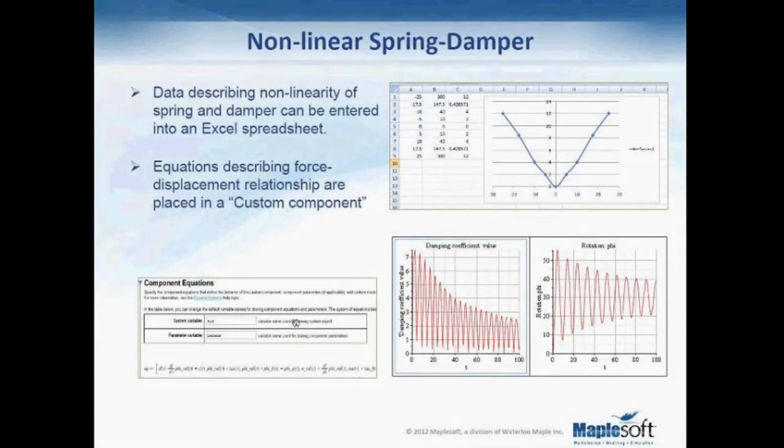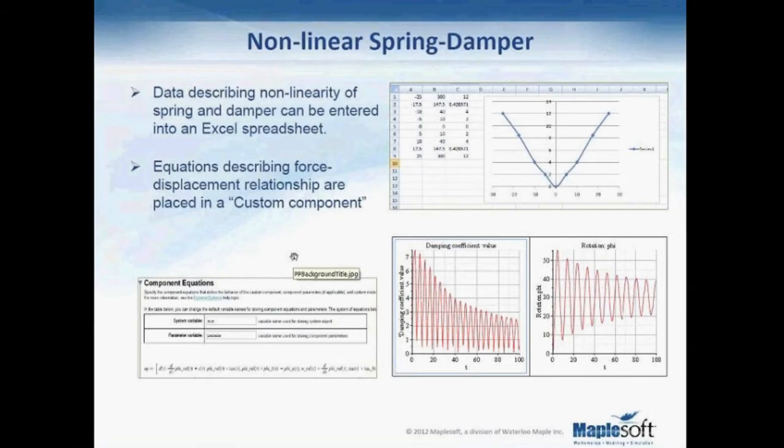And MapleSim also allows you to incorporate test data so that you can develop a nonlinear spring and damper model in MapleSim. For example, this slide shows how a nonlinear spring and damper can be modeled in MapleSim by inputting the relationship between the damping force and the damping coefficient into an Excel spreadsheet, and then attaching that into MapleSim using a lookup table.